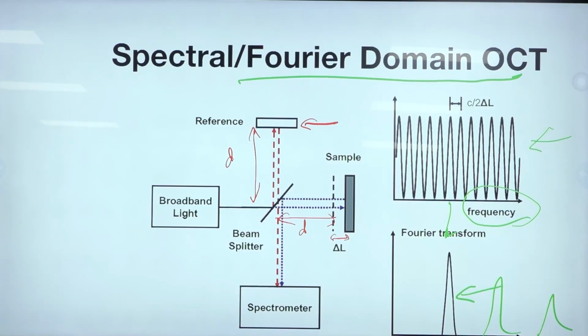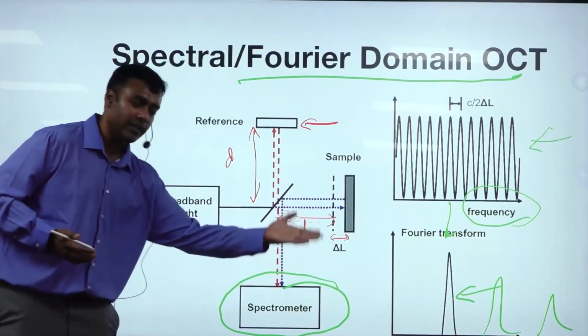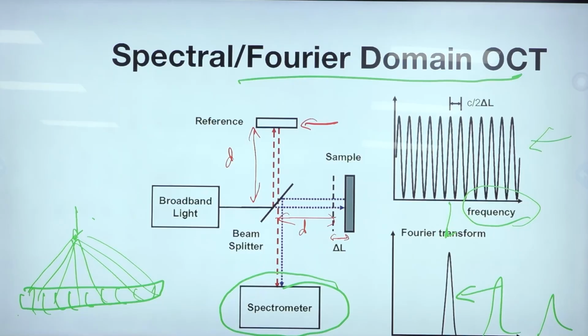The difference in terms of instrument is, instead of one detector where you move the mirror, you have a device which will spread out the light into different wavelengths. Each wavelength has one detector. Imagine you have a bunch of detectors in an array. The light comes in and is spread out into lambda 1, lambda 2, lambda 3, and so on, lambda n.